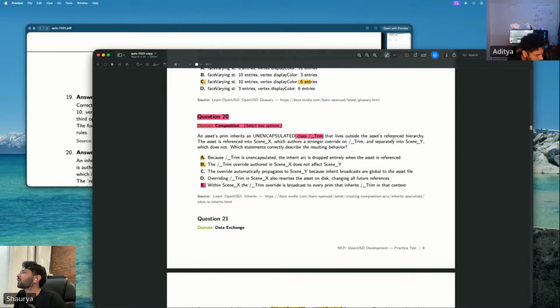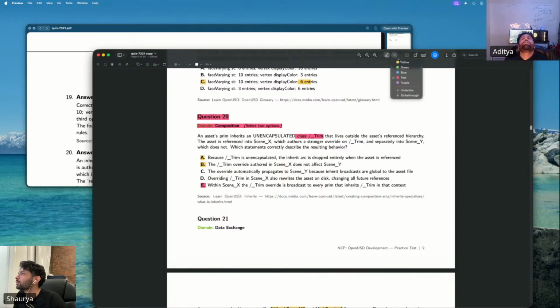So the asset has a reference. The asset is referenced into scene X. What does this mean exactly? Lives outside the asset's referenced hierarchy?